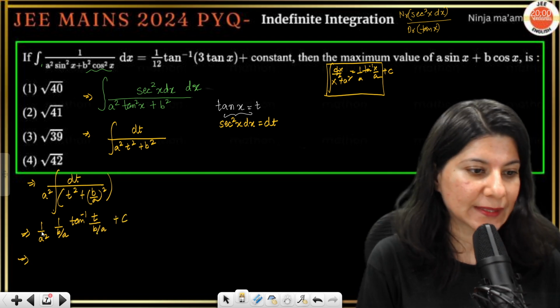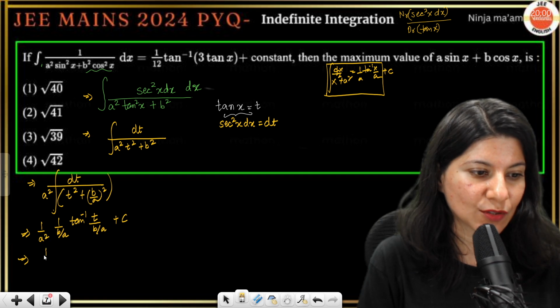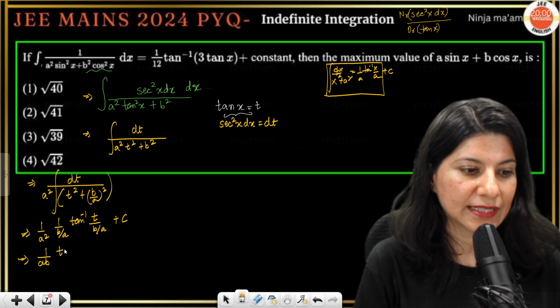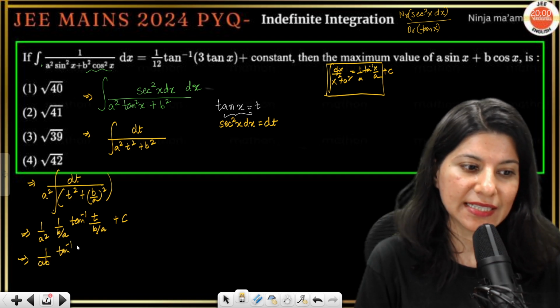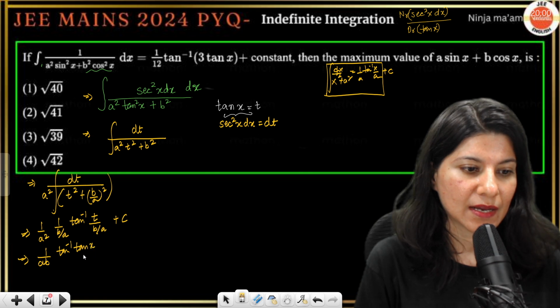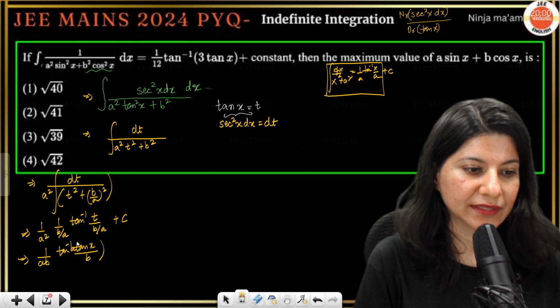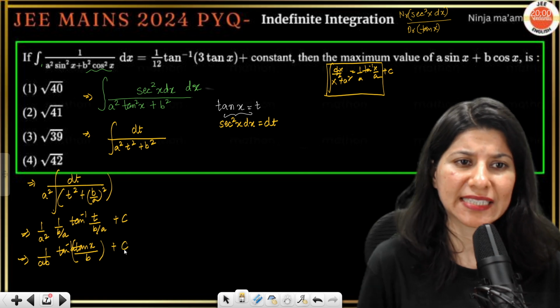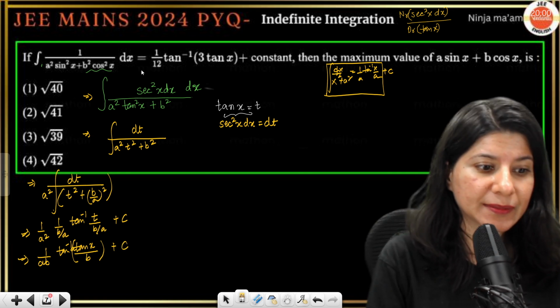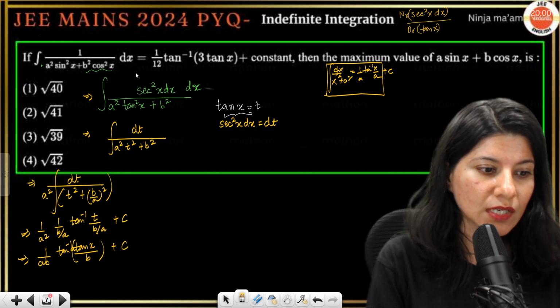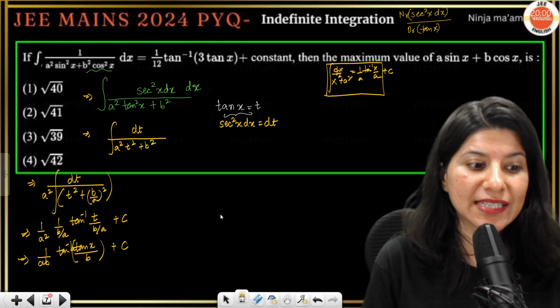Now let's replace. So a cancels, giving 1 upon ab, tan inverse, where t is again tan x, upon b by a, plus constant.